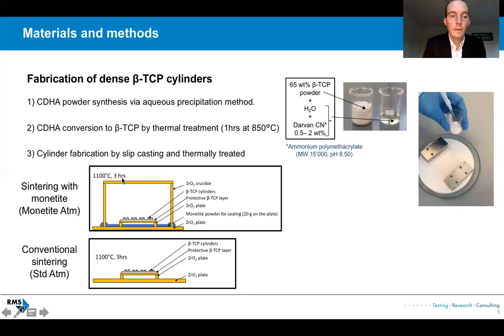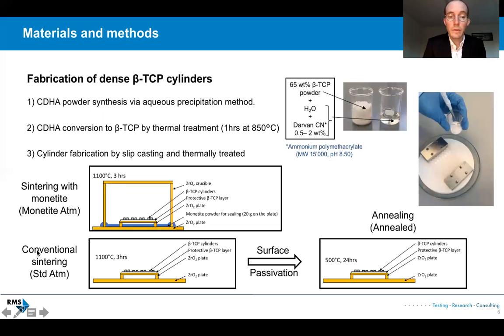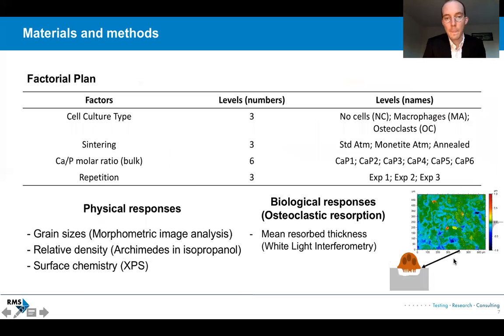For this, we placed a crucible on top of the cylinders, and we sealed the bottom here with a monetite powder. Of course, after the sintering, all these cylinders were polished. And part of the cylinders obtained with the conventional sintering were passivated or annealed at 500 degrees for 24 hours.